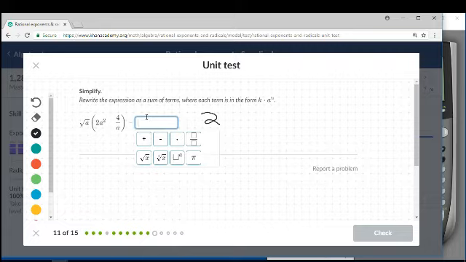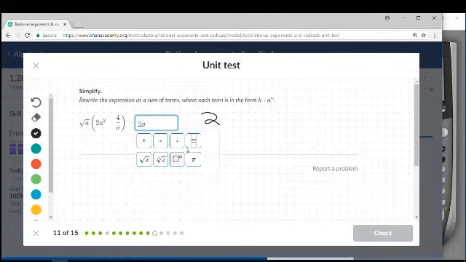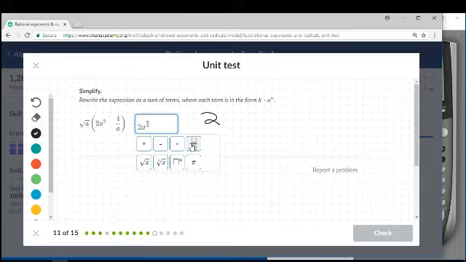So a to the 1/2 times the square root of a must be 2a to the 5/4 minus, that's 4a to the -1 minus 4a to the -1/2.